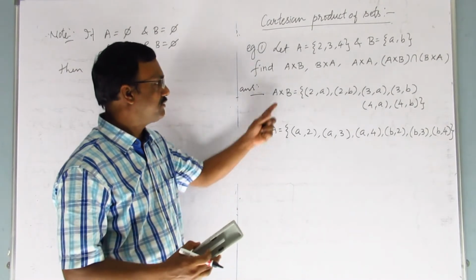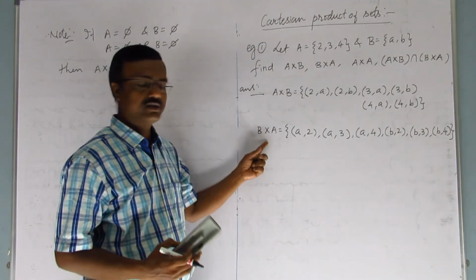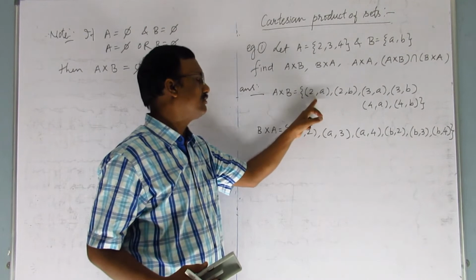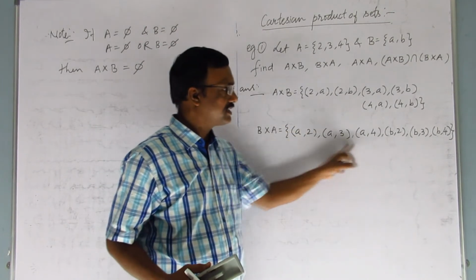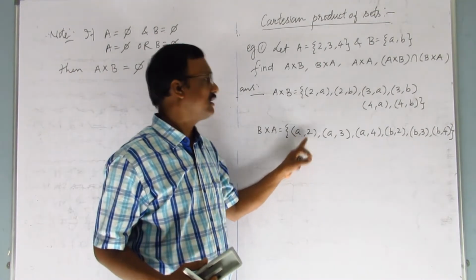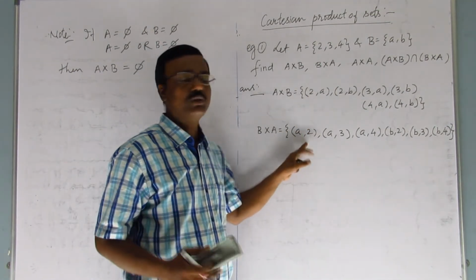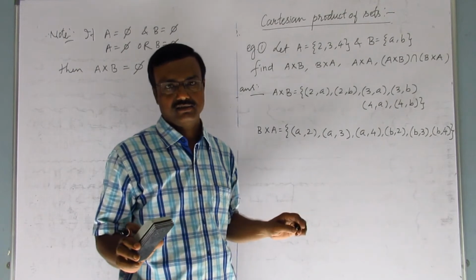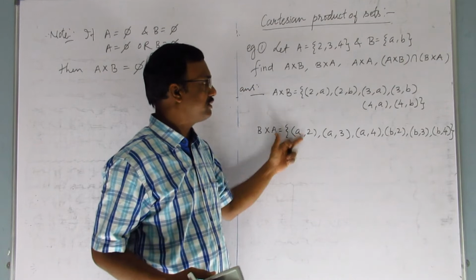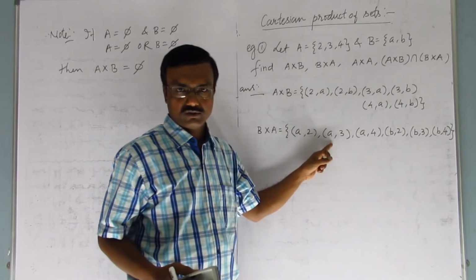What can you see from these two sets, A cross B and B cross A? You can compare the elements. (2, a), can you find (2, a) as an ordered pair in the second set? No. You can certainly see (a, 2), but we know that (2, a) and (a, 2) are different identities as far as ordered pairs are concerned. We can say these are two different ordered pairs. These are also two different ordered pairs.